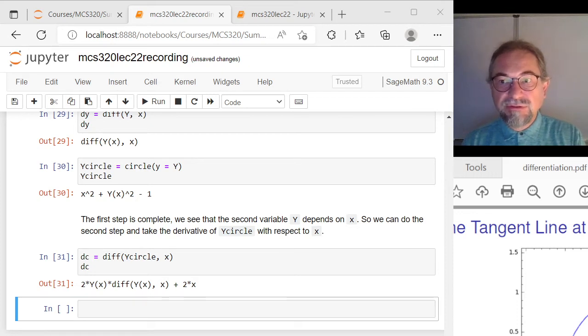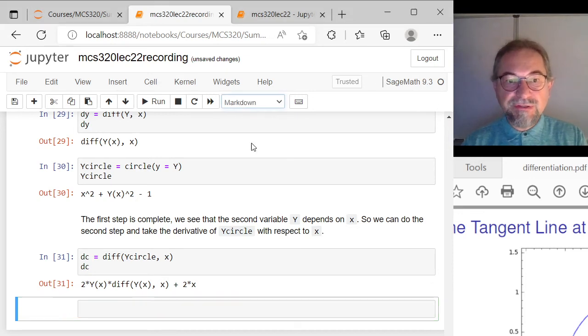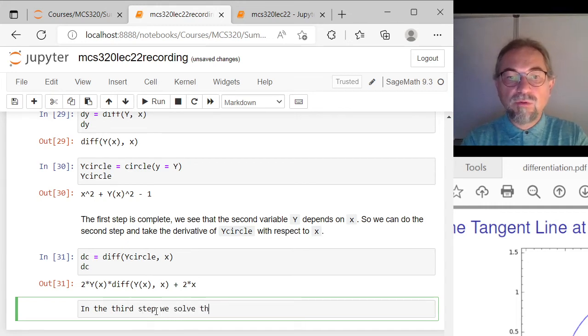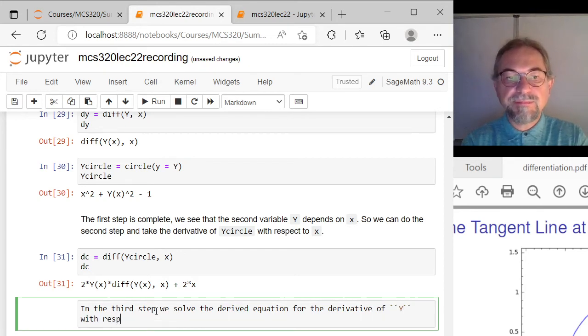Now it doesn't look so useful yet, but now comes the third step. In the third step we solve. So we started by deriving an equation. In the third step we solve the derived equation for the derivative of y with respect to x.